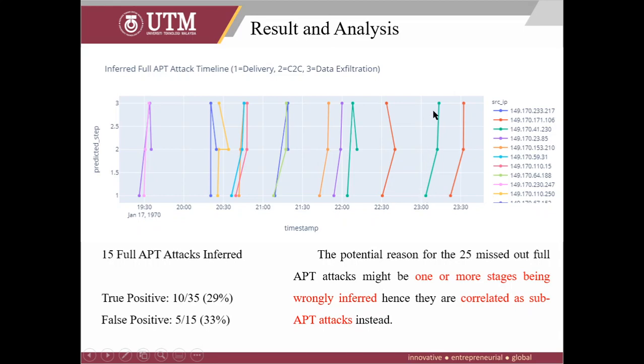Instead of 1, 2, 3, our ANFIS detection system might have classified it as 1, 2, 2 or 1, 1, 2, so that instead of being a full APT attack, it's classified as a sub-APT attack. As to why the detection system wrongly classifies, we'll explore further in the testing part.